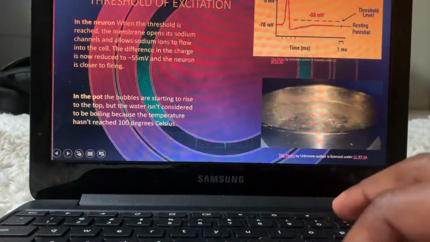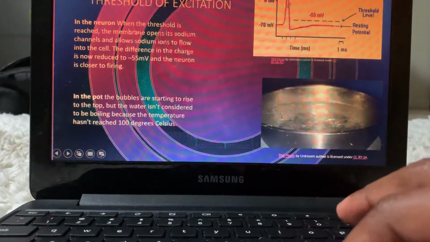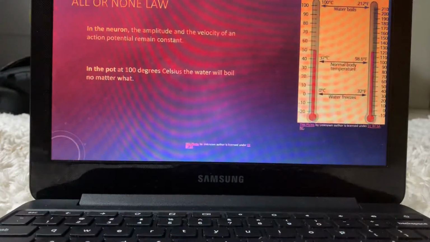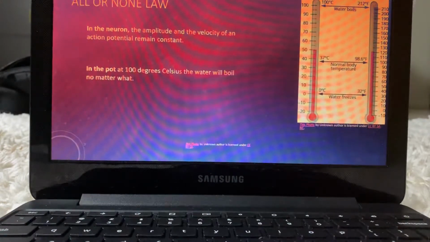We are going to fire, and there's no doubt that we will fire. And the all or none law: once the threshold is hit, the action potential will happen. The amplitude and velocity of an action potential remain constant. Action potentials are the same no matter what, and the water is going to boil at 100 degrees no matter what.